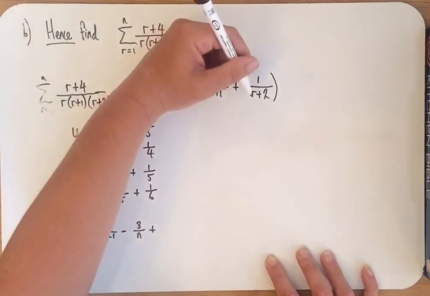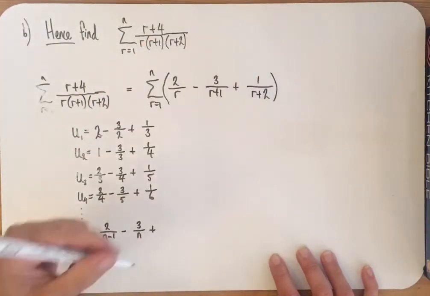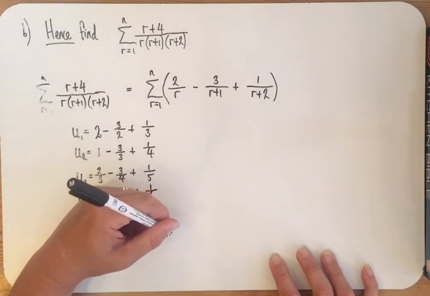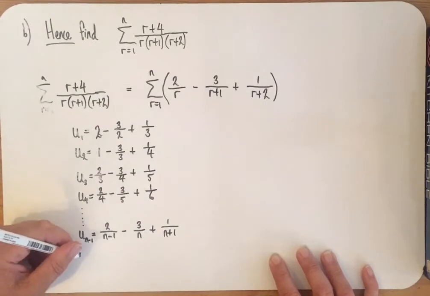And then n minus 1 plus 2 is n plus 1. And then the last term, I'm letting r equal n.